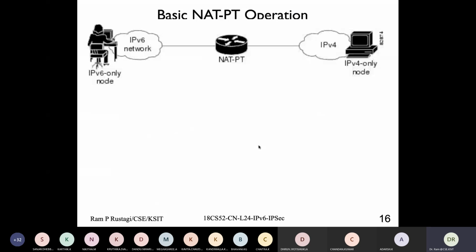Diagrammatically, there is a machine that talks only IPv6, there is a machine that talks only IPv4, and we need a box which on this side will talk IPv6, on this side talks IPv4. So when machine A sends a packet to B, A will only put an IPv6 address of B, even though B doesn't have an IPv6 address, but it is an assumed IPv6 address.